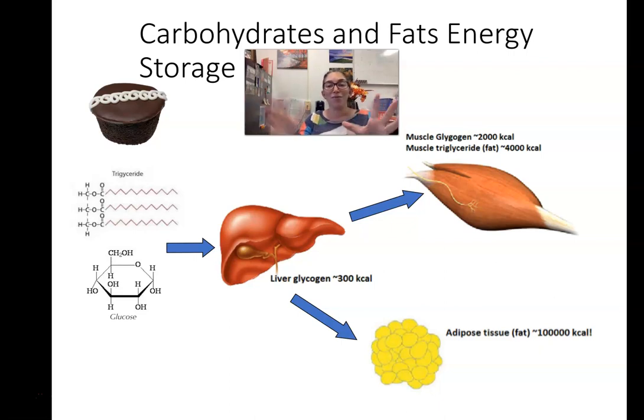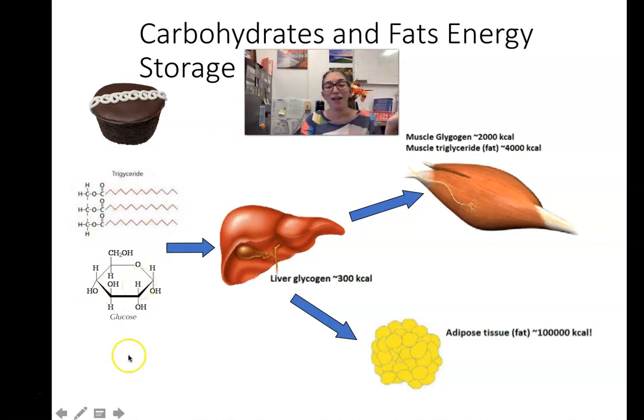But just to sort of big picture it, let's say you eat a little Debbie cupcake, which is going to be a source of a lot of fat in the form of triglycerides and also a lot of sugar, so you'll get glucose and fructose because it contains a lot of sucrose, which is a disaccharide. I should have pictured that here, but ultimately we will break it down into the monosaccharides.